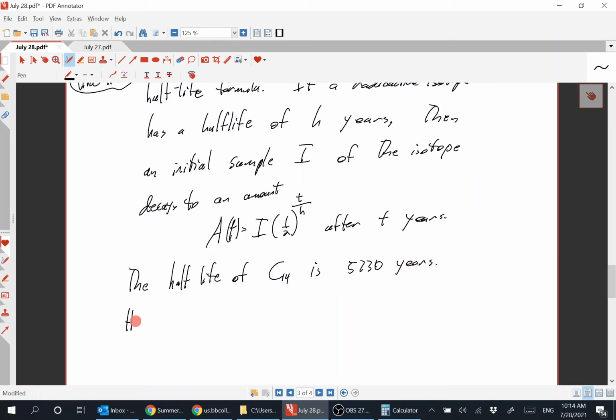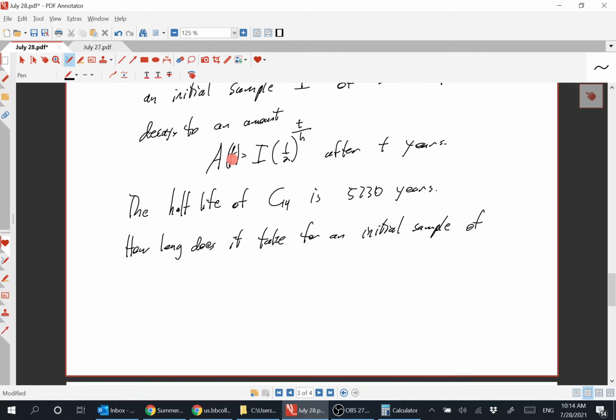Right, so how long does it take for an initial sample of 10 grams of C14 to decay to 2 grams?